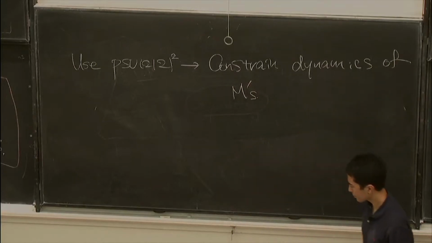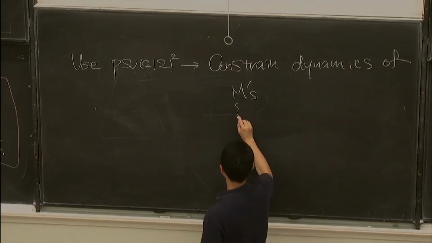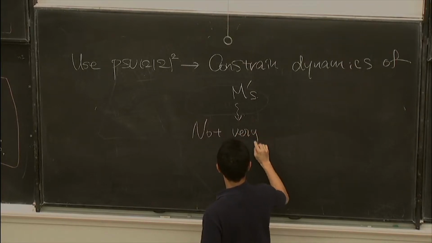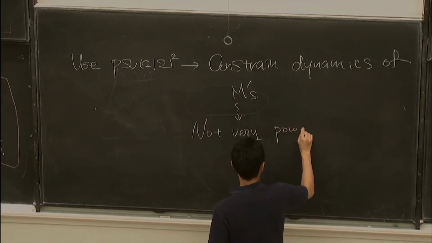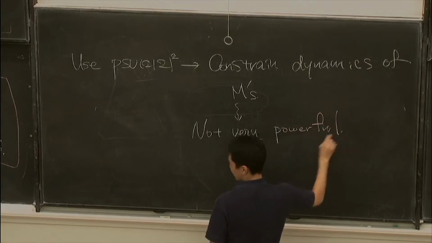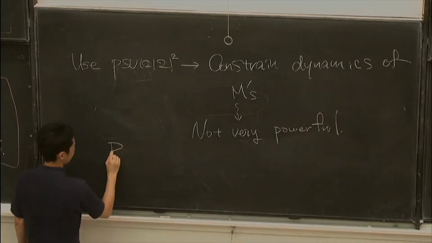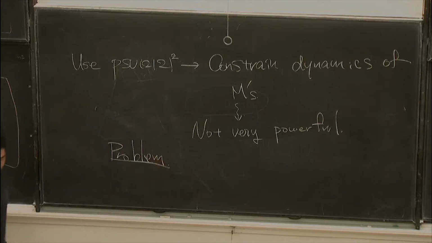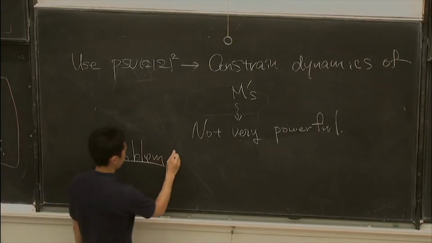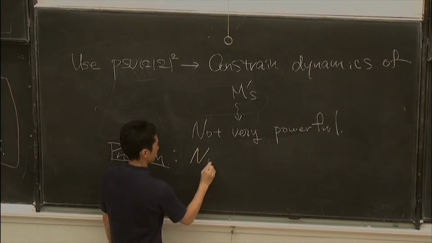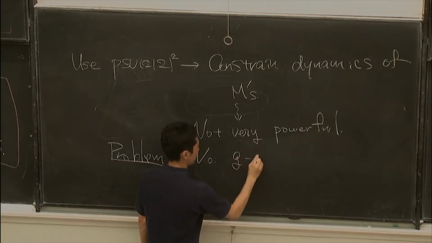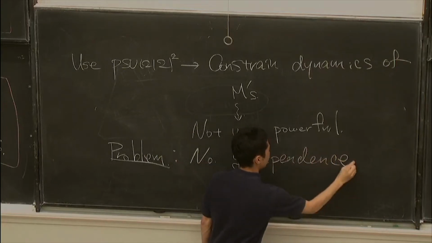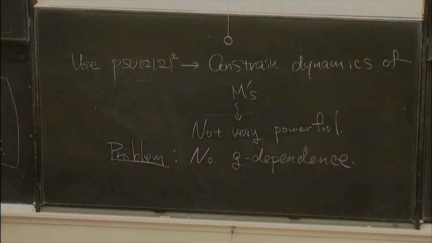However, it turns out this is not very powerful. One big problem is that if you just use this symmetry, there is no way to know the coupling constant dependence. This is also a common problem in Bootstrap.